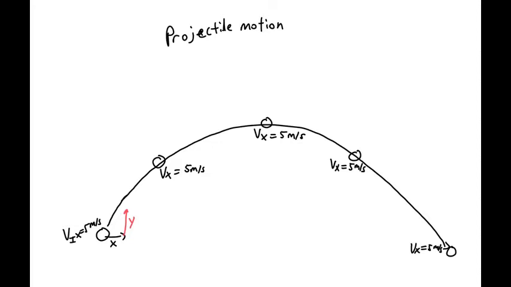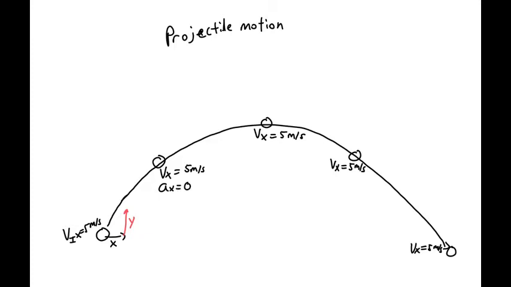So velocity in the x direction, by the laws of physics, there's nothing affecting the x direction. Gravity only works in the y direction. Therefore, the velocity will be constant in the x direction. So what's our acceleration in the x direction?